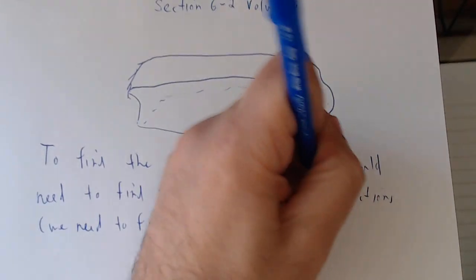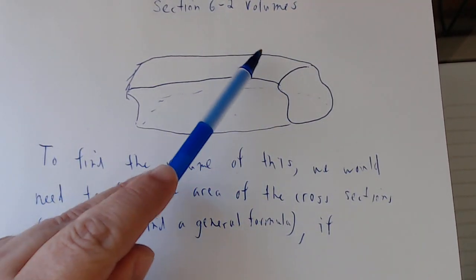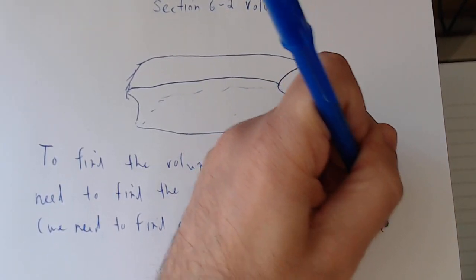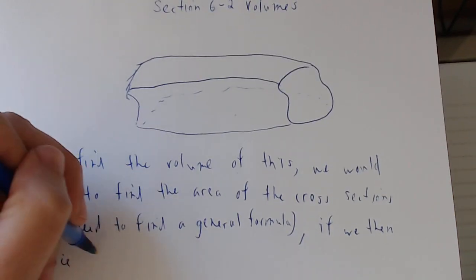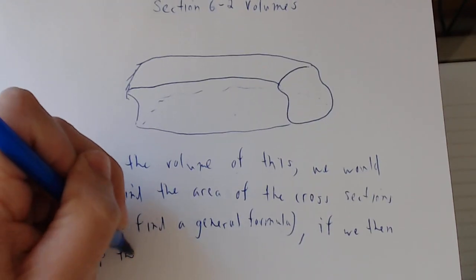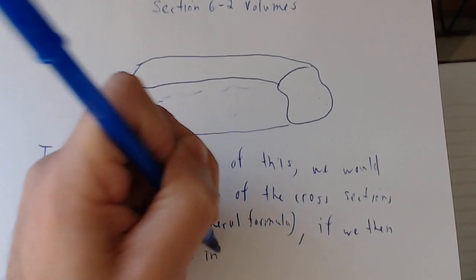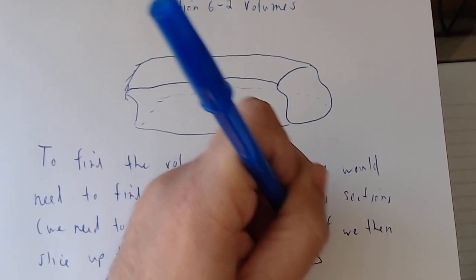So here's what we're going to do. If I want the cross-sectional areas, we're going to grab this and slice up the figure into n parts, which is what our delta x is.